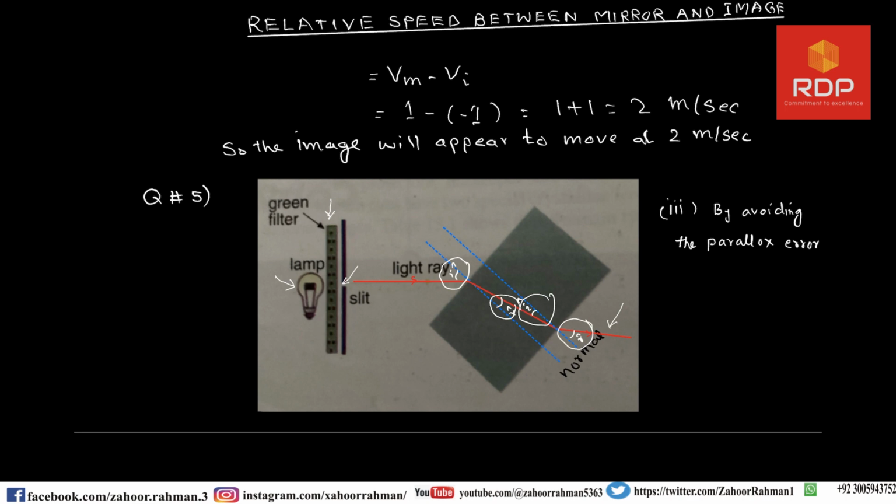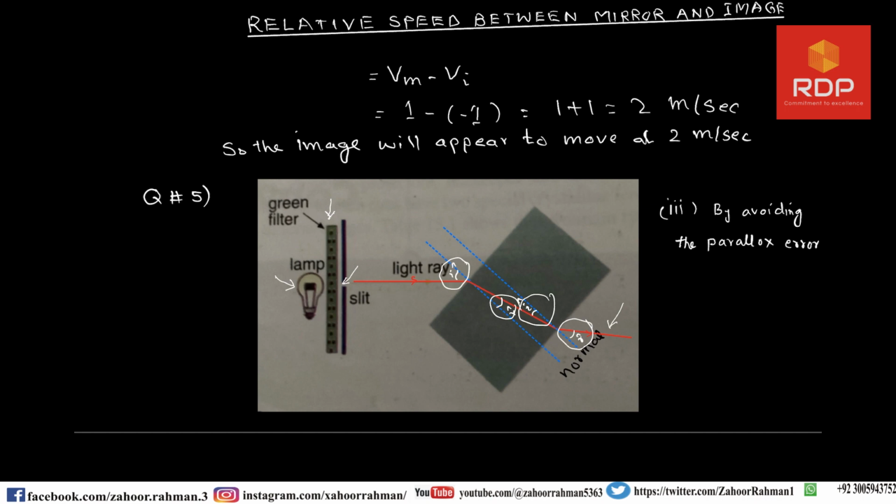So these angles must be precisely noted down, and then after the necessary calculation we will be able to find the refractive index of this rectangular glass slab, which is the main purpose of this topic.